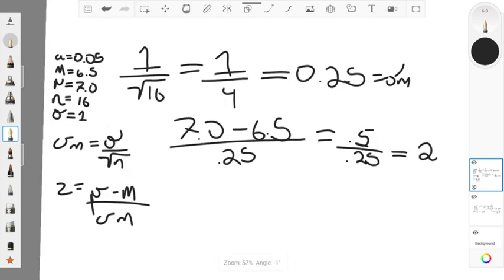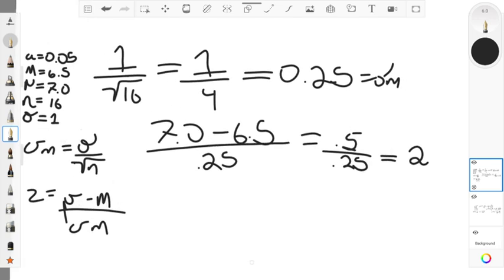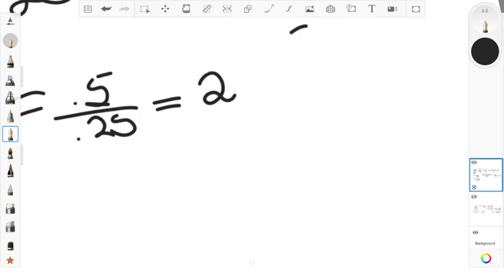So now we'll use our alpha variable, which is 0.05, and we'll check in the back of the book for 0.05 and find our df, which in this example is 16 minus 1, so 15. We'll scroll down, and we'll see that the value we're looking for is 2.131.